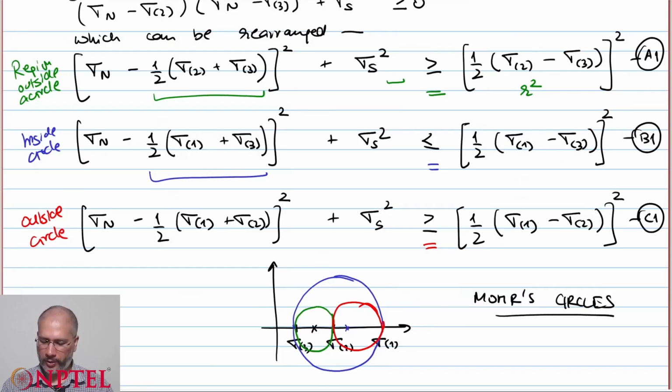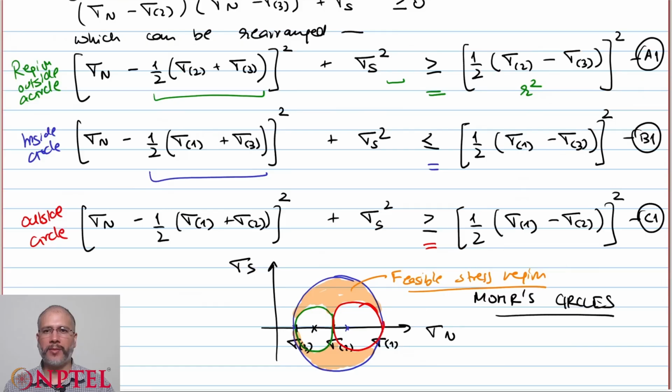So all the region which is inside the blue one and outside the green and red one is this shaded region, and this shaded region is called the feasible stress region. So we have successfully found the equations of the Mohr circles and the feasible stress region.